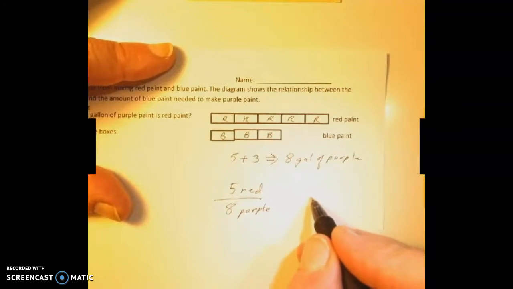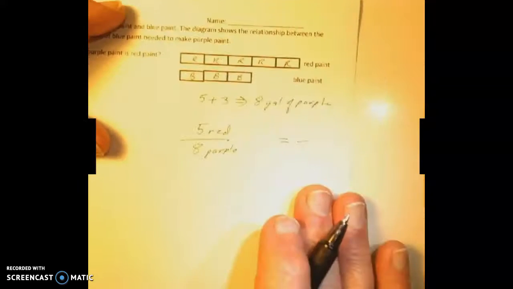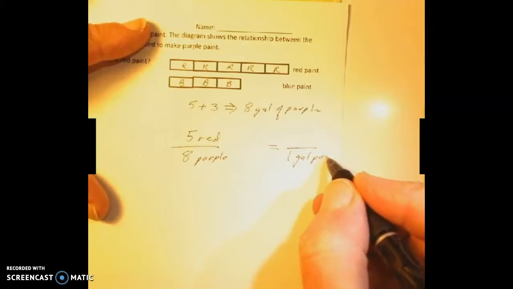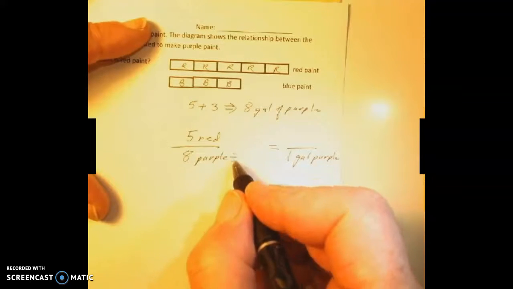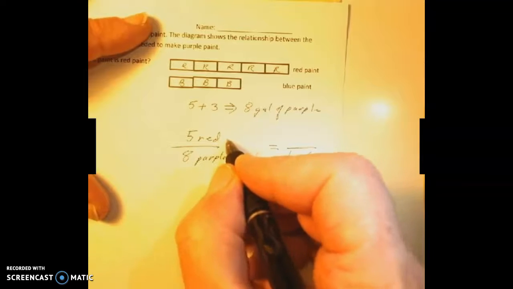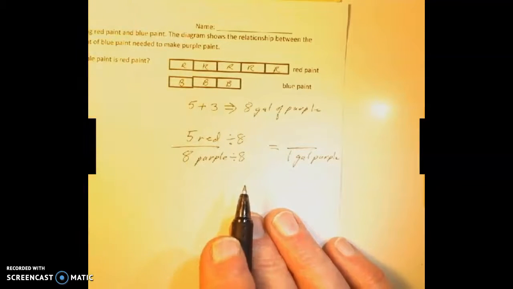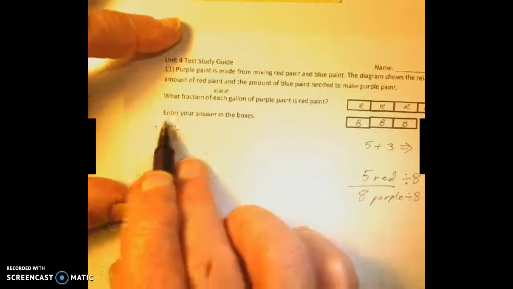You want the unit rate. You want to know how many gallons of red to make 1 gallon of purple. So you want to divide by 8. I probably should have looked at what they're looking for in an answer. Put your answer in the box.